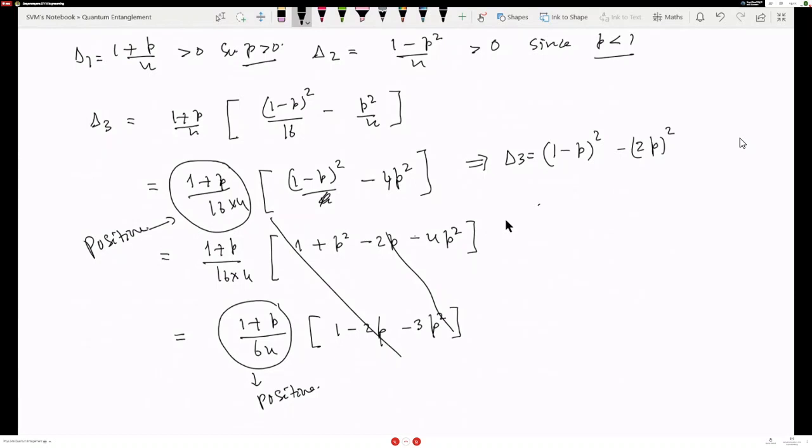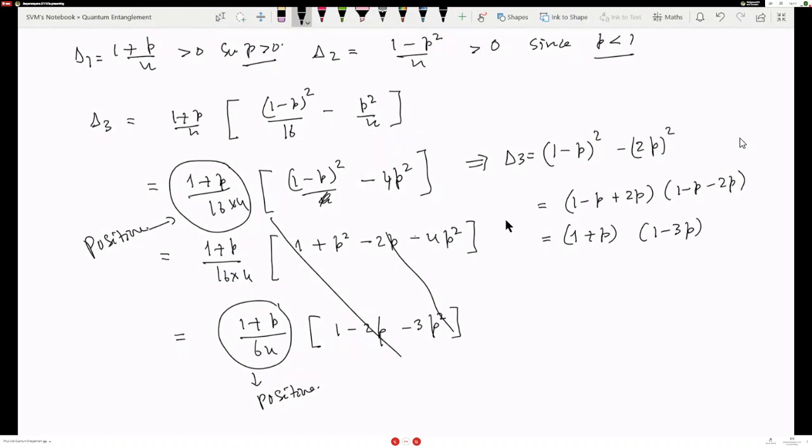That is equal to, I can write this as 1 minus p plus 2p into 1 minus p minus 2. That is equal to 1 plus p into 1 minus 3p.